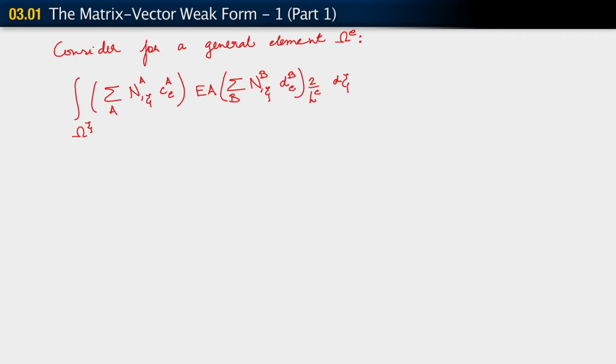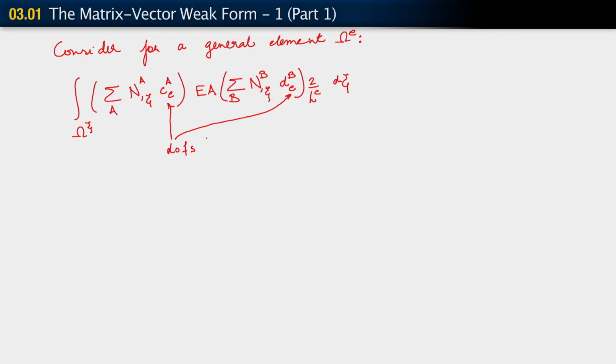All right, now this needs to be simplified, and the way we can carry out the simplification is through several steps. The first of these steps involves us recognizing that the c's and the d's that are used here are degrees of freedom. The c is the degree of freedom that is used to interpolate the weighting function. The d b e is the degree of freedom that's used to interpolate the trial solution.